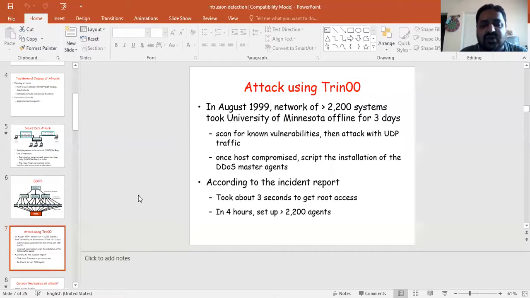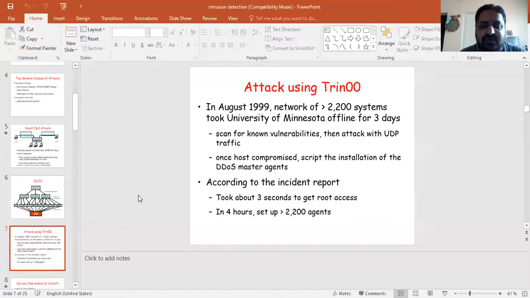It was used by an attacker to attack a network, for example the network of the University of Minnesota.